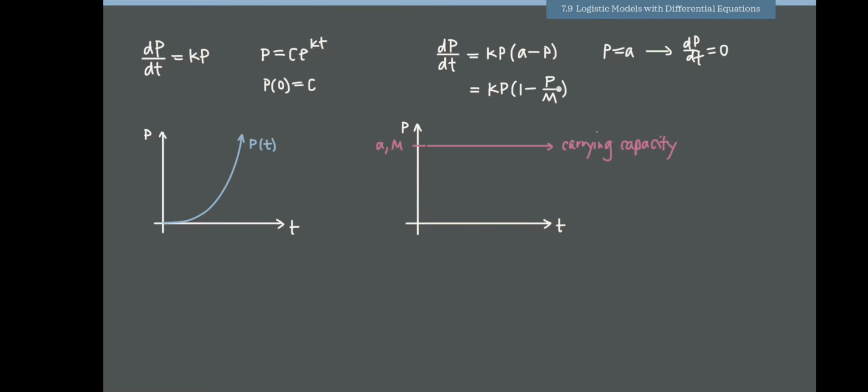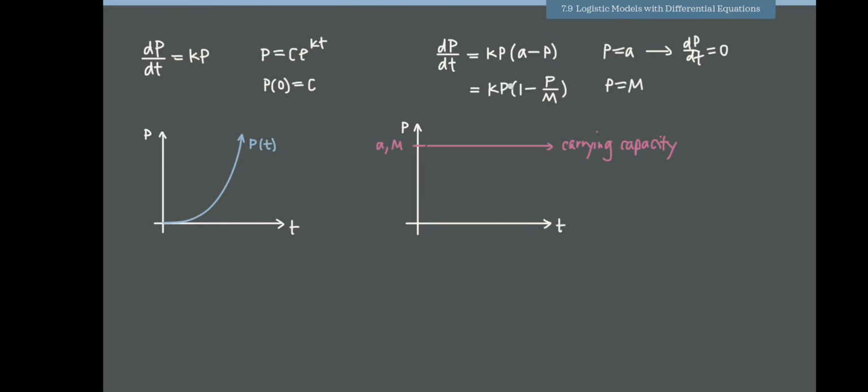Similarly here, written this way, remember this is exactly the same equation as this one, it's just a different way of writing it, and you'll see it both ways, which is why I wanted to mention both. But when we call the carrying capacity M, and if we say that the population reaches its carrying capacity of M, then P is equal to M. So here we would get M divided by M, which is 1. 1 minus 1 is 0.